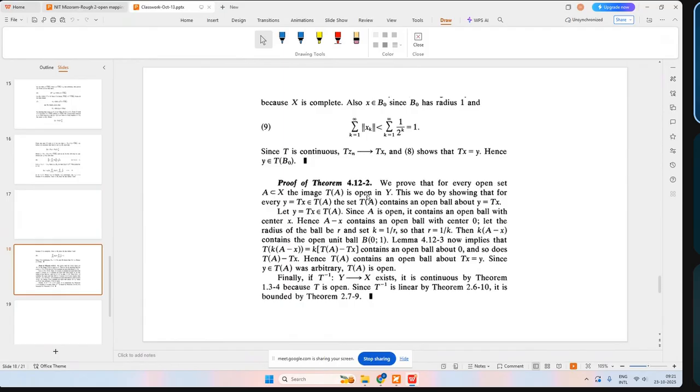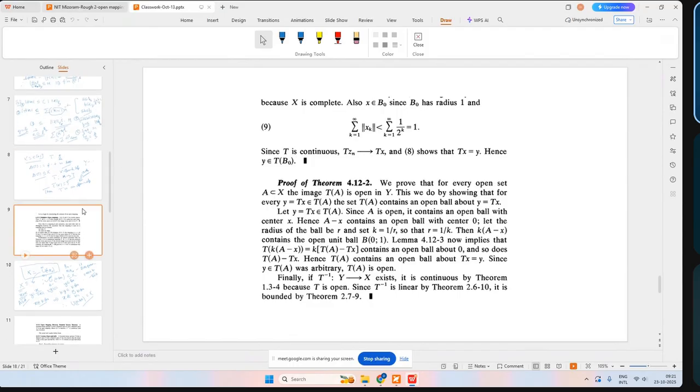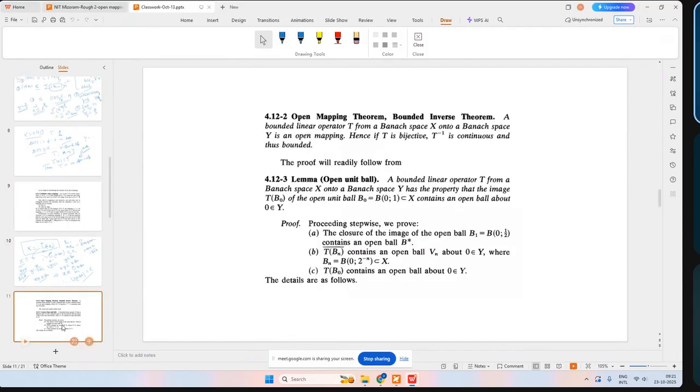Now, I would like to tell you something here. Many people don't use these two lemmas. I'm referring to this lemma 4.12.3. They don't prove A, B, C first. What they do is straight away put this part of the proof, this ABC, into the theorem. But sometimes people don't ask questions.